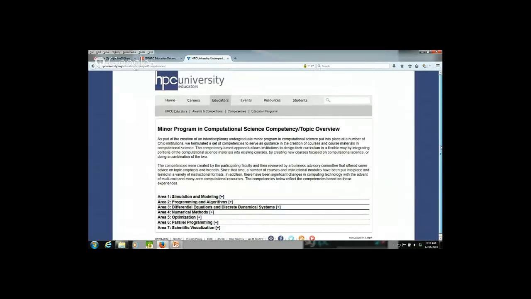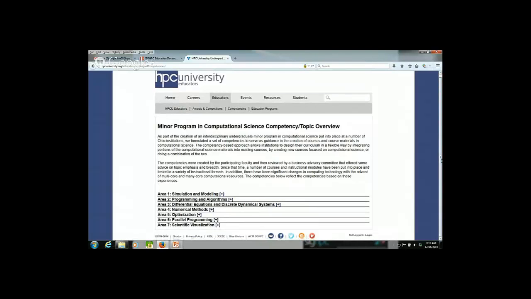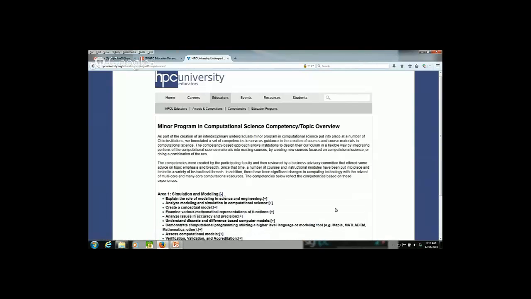The competencies that seem to be common and are reflected in the courses of the minor programs and the majors really fall into these subject areas: simulation and modeling, programming and algorithms, several mathematics topics, differential equations, numerical methods, optimization, parallel programming, and visualization.